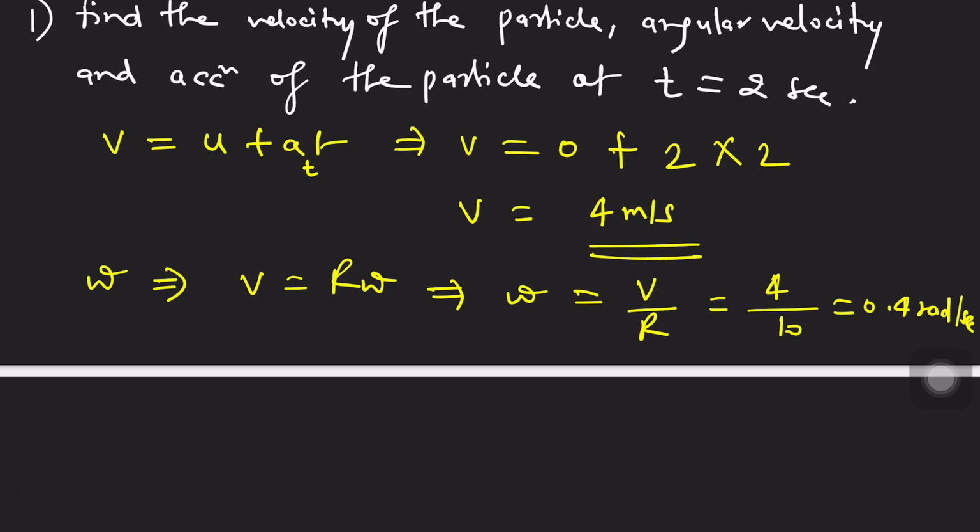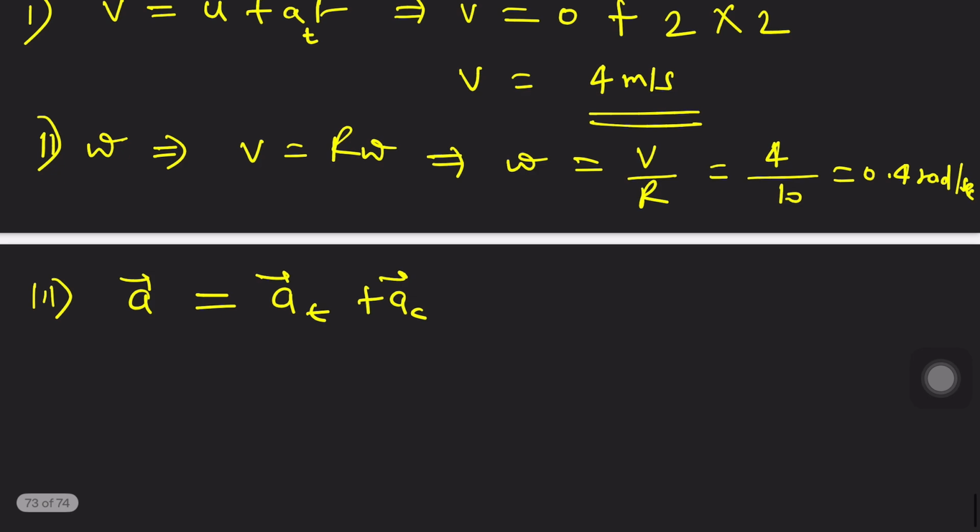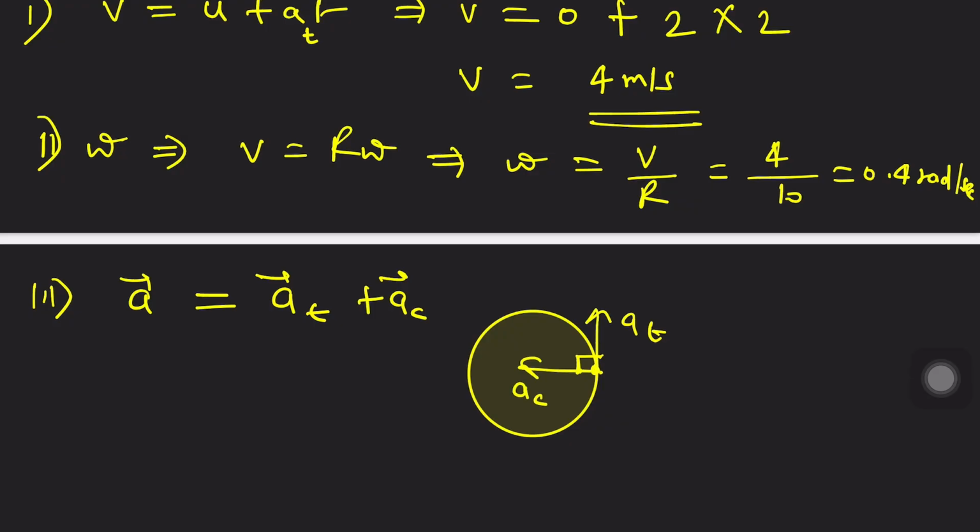Now coming to the third question, that is acceleration. We know that acceleration is always a tangential plus a centripetal. On a circular path, a tangential and a centripetal both will always be perpendicular to each other.